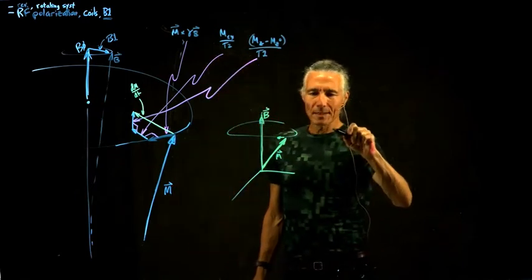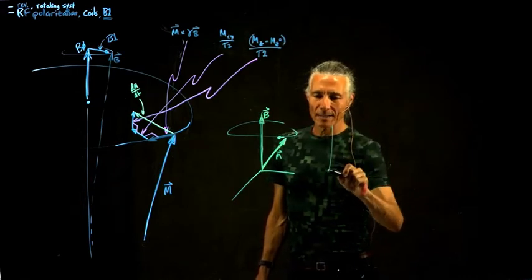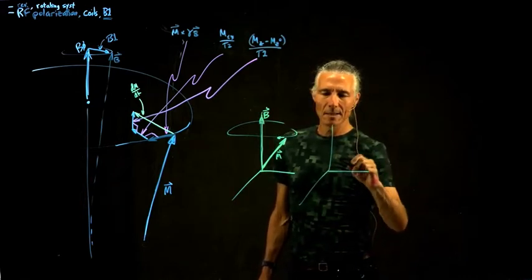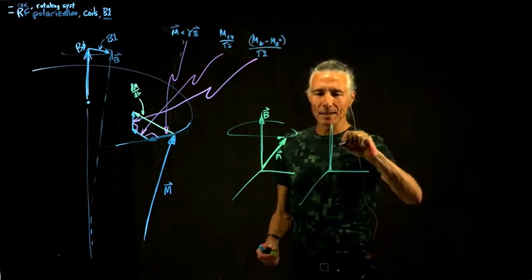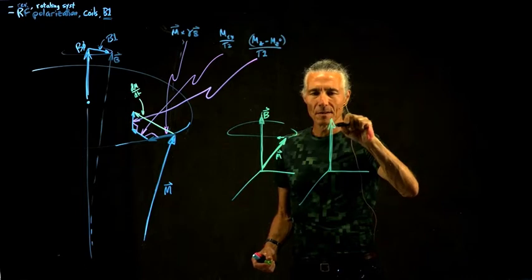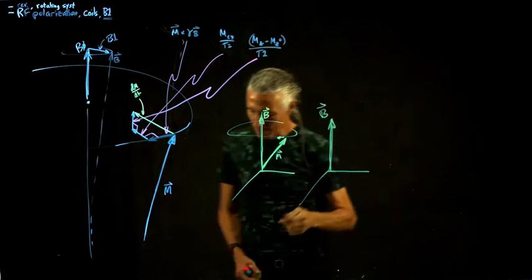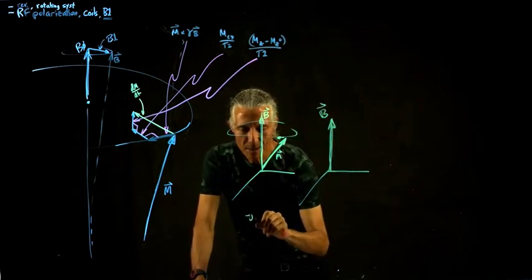You just stop it in its tracks. Basically, you've still got the B field here. So this is just precession.